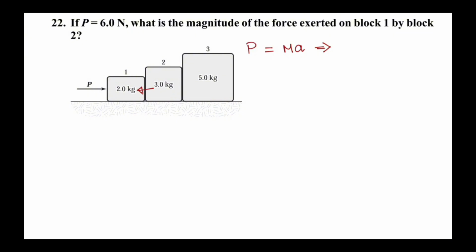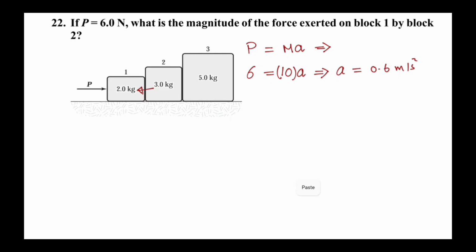Let's calculate the acceleration for the whole system. So 6 equals the total mass, 5 plus 3 plus 2, which is 10, times A, and in this case A equals 0.6 meter per second squared.